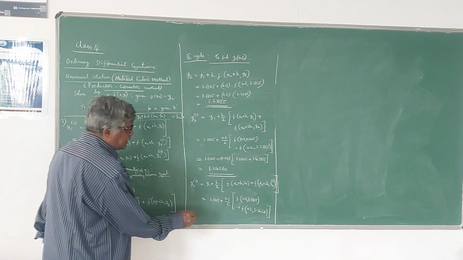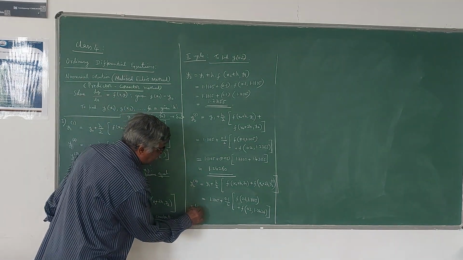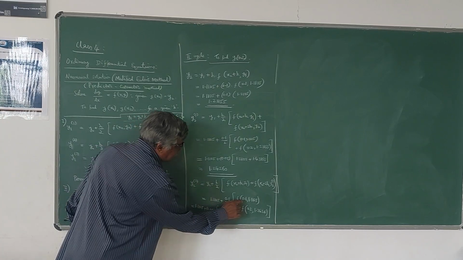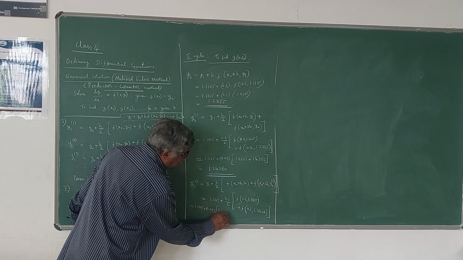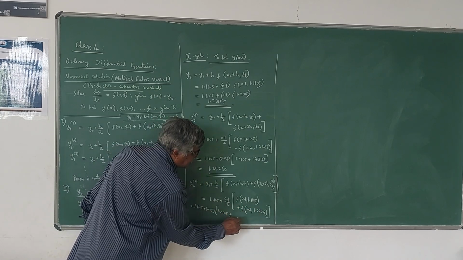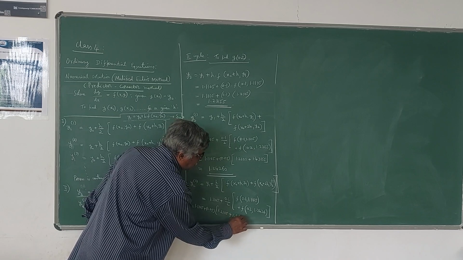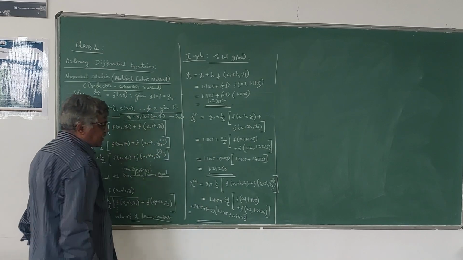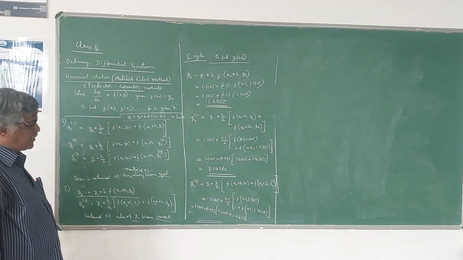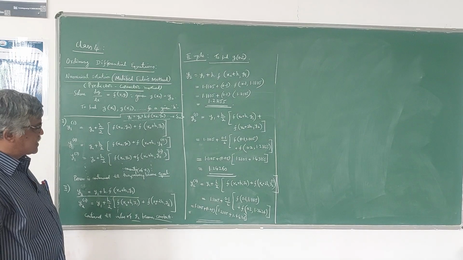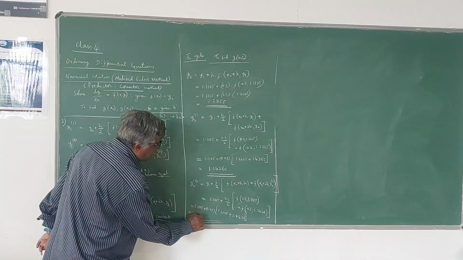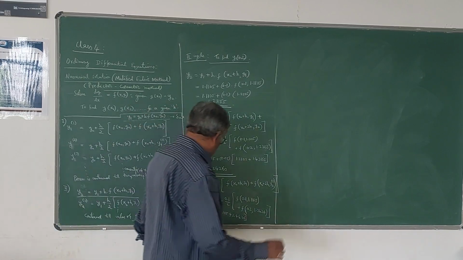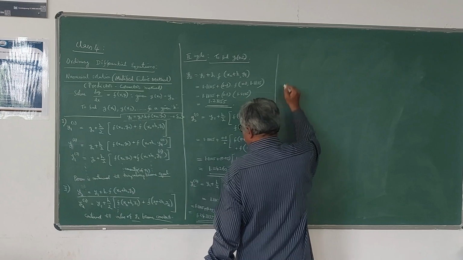How much do you get? 1.1105 plus 0.05 into, this is x plus y, that is 1.2105 plus this, giving 1.4426. Now this is the second approximation of y2. Simplify it: 1.243155. Okay. Next, we will go to the third approximation.